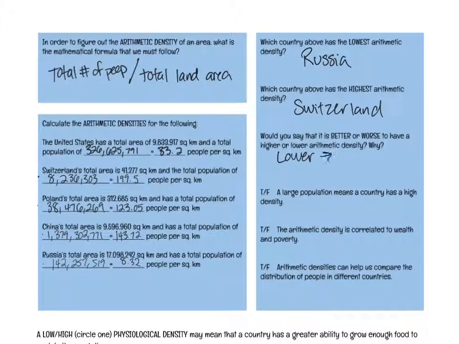Why? So it's not overcrowded. More land, which would mean what per person? More resources, right? So you don't want space and resources to be short.